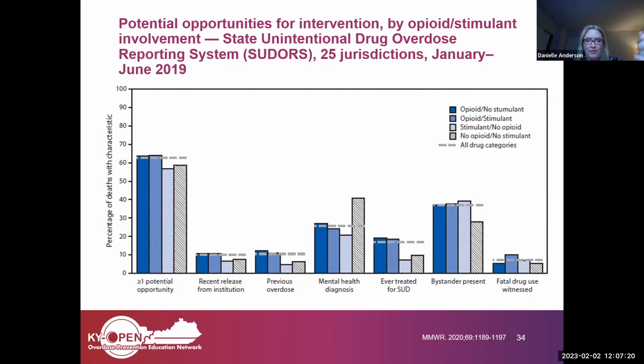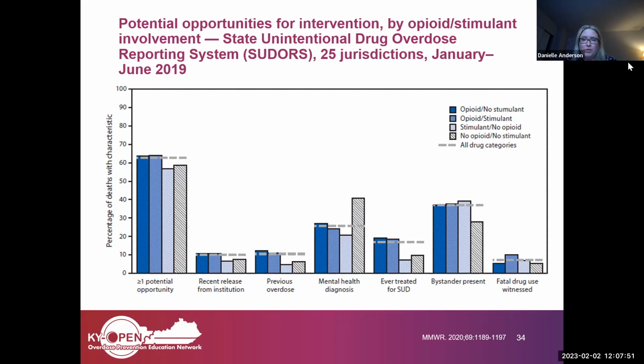A lot of times people have recently been released from an institution. There's a previous history of overdose, co-occurring mental illness, previous substance use disorder treatment, bystander present, and fatal drug use witnessed. And so in 60% of these 16,000 overdoses, at least one of these situations was present.